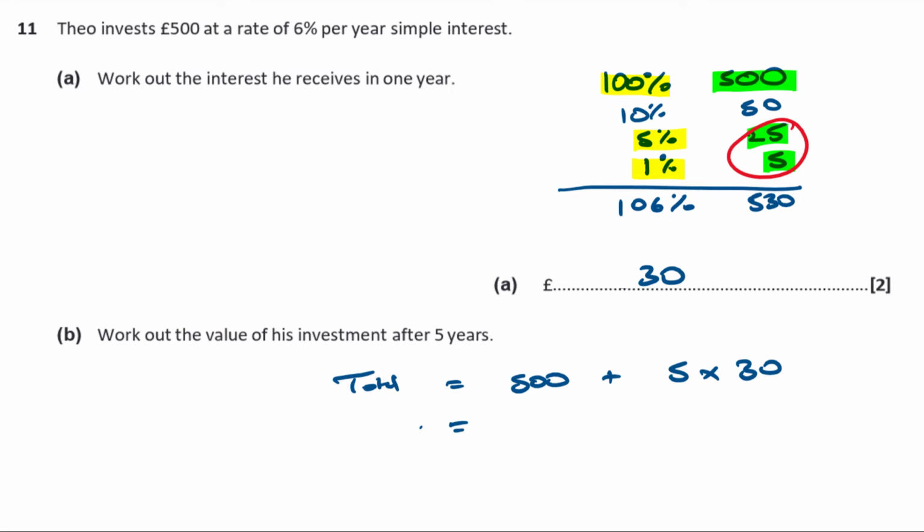Okay, so 5 lots of 30, well that is 150. So multiplying first gives me 150, and then add on the 500, that's going to give me a total of £650. Okay, so the value of the investment after 5 years is going to be 650.